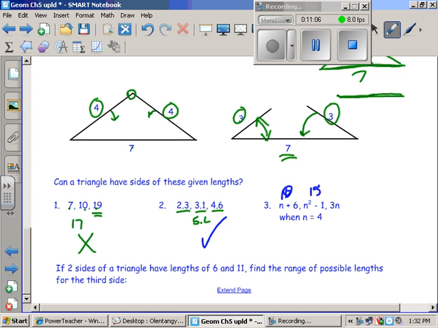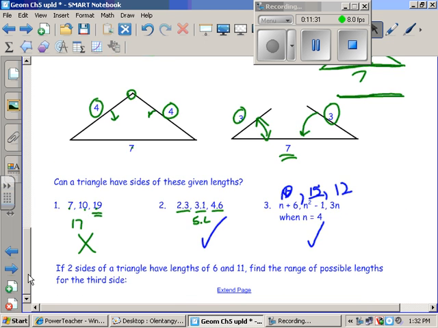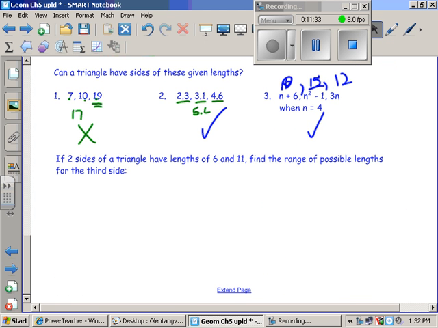So I've got 10, 15, and 3 times 4 is 12. So I've got sides that are 10, 15, and 12. And the largest is 15, so 10 plus 12 is 22, and that's greater than 15, so that would also be a triangle.